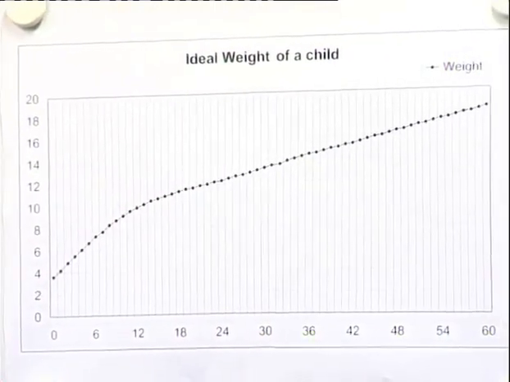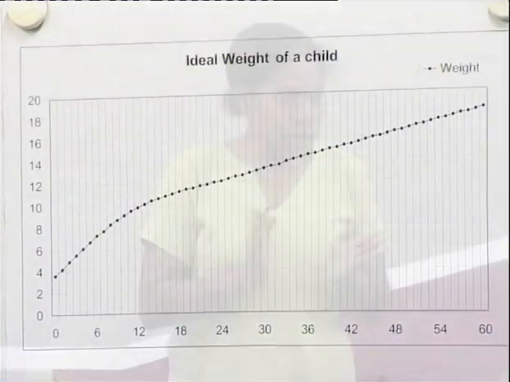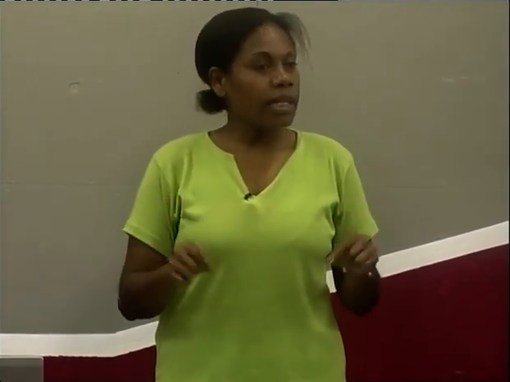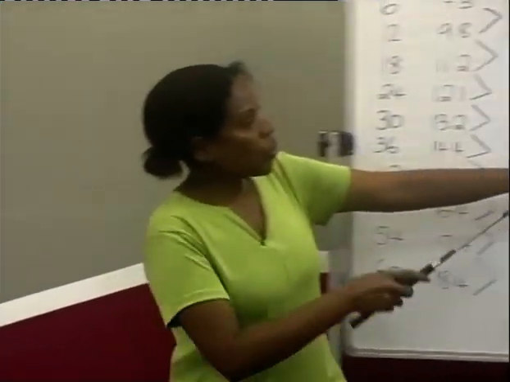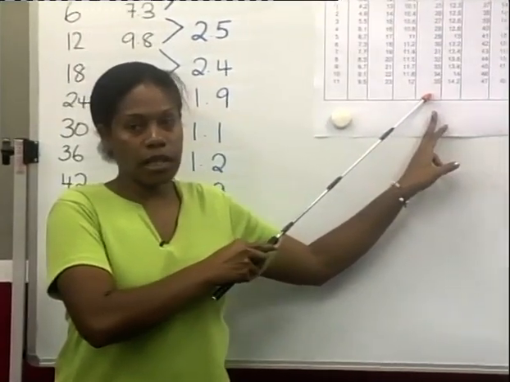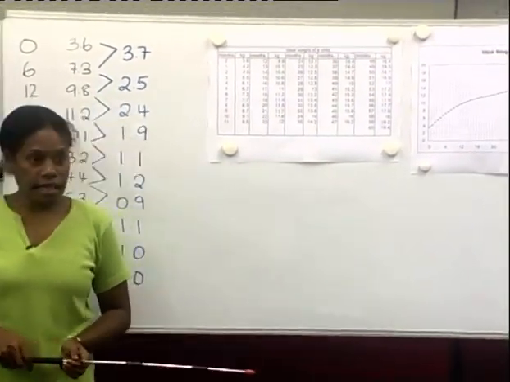Now, what we're going to do, 8Es and receiving students, is work in our books. I have questions for you on the board, on the PowerPoint, that you will copy and answer using this table and this graph. Is that clear? Okay, good.